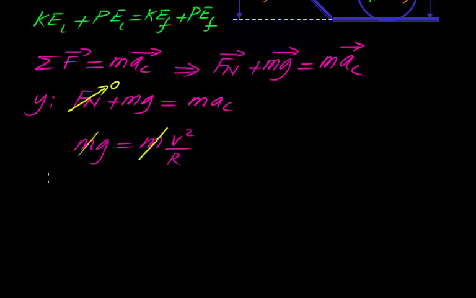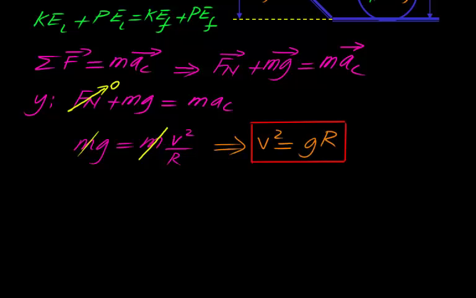Notice that the mass is going to cancel out. Isolating the speed squared, we obtain g times R. Now we are ready to go back to the conservation of energy equation and detail it.